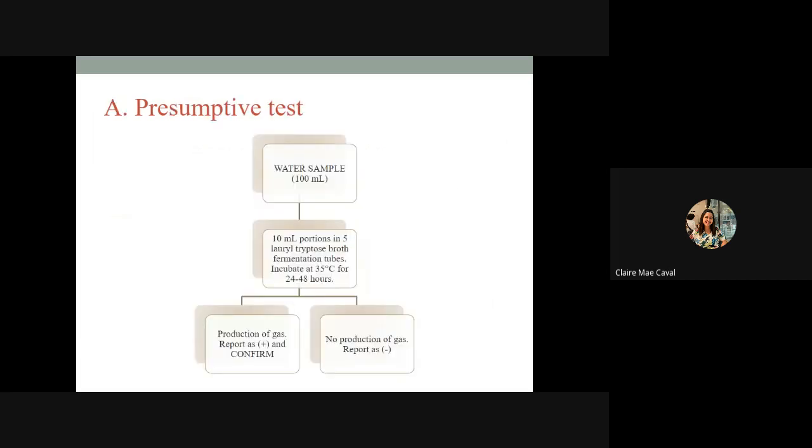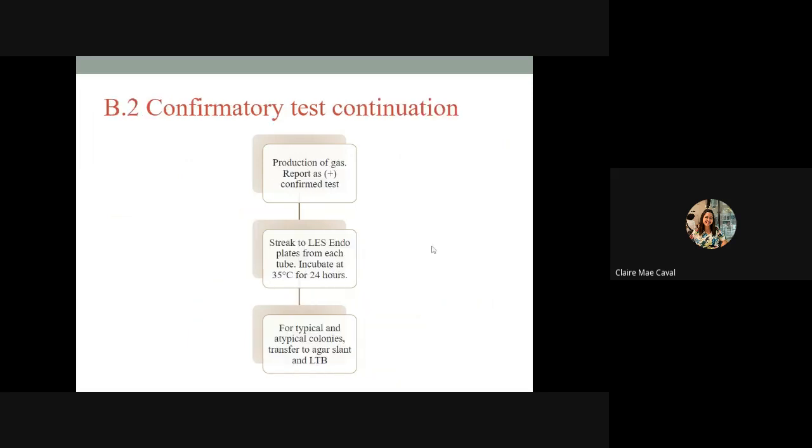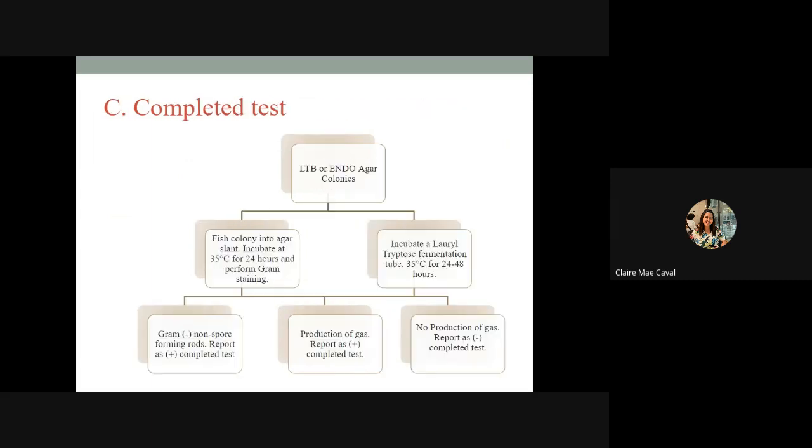So, this is the summary. I will not discuss this. I already mentioned this. This is just the flow chart of the procedure. This is your presumptive test. This one is your confirmatory test. This one is the completed test. The third step in multiple tube fermentation technique is the completed test.